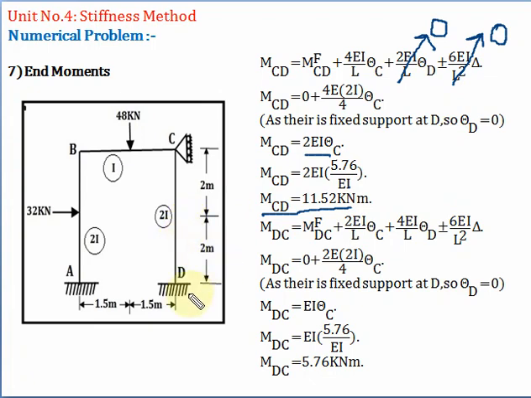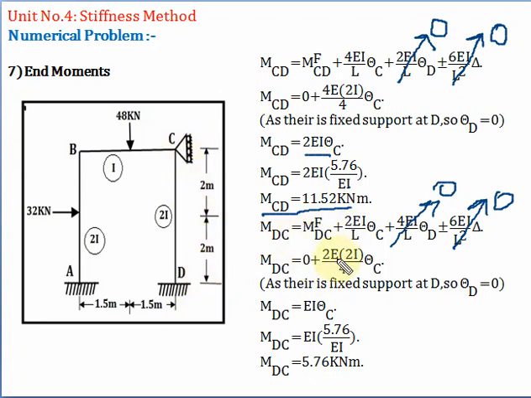Now the last member, that is DC. So the slope and deflection equation is MF DC plus 2EI upon L theta C plus 4EI upon L theta D plus minus 6EI upon L square delta. Now here the value of delta is what? 0. The value of delta is 0 because it is a non-sway frame, and the value of theta D is 0 because there is a fixed support. And the fixed moment in member DC is 0.